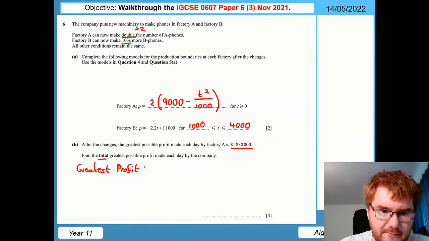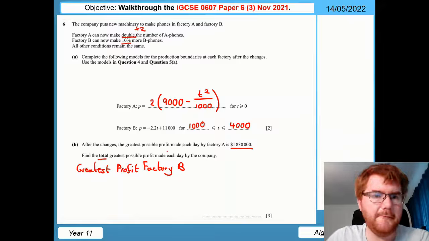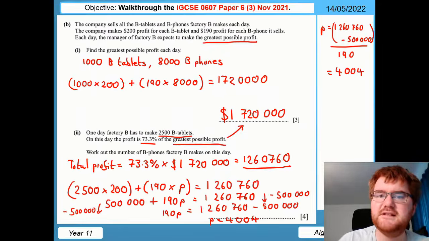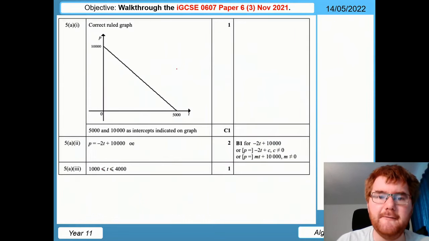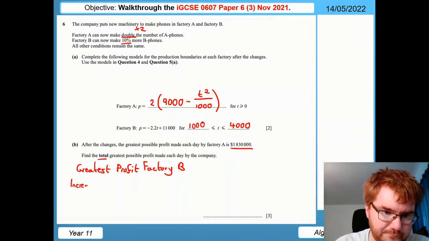So greatest profit for factory B. Okay, so if we think about what happened before in question 5, notice that we had 1,000 B tablets and 8,000 B phones. Now we produce 10% more B phones. So the first thing we need to do is increase by 10% 8,000, because that was the maximum.